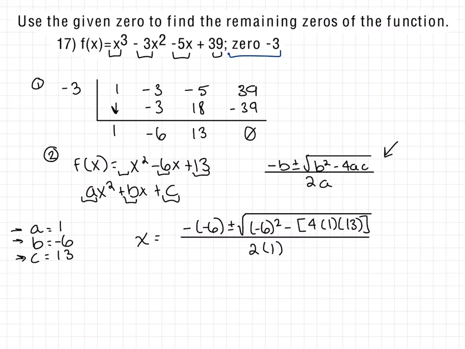So let's go ahead and keep simplifying this. We'll get 6 plus or minus the square root of 36 minus 4 times 1 is 4, 13 times 4 is 52.